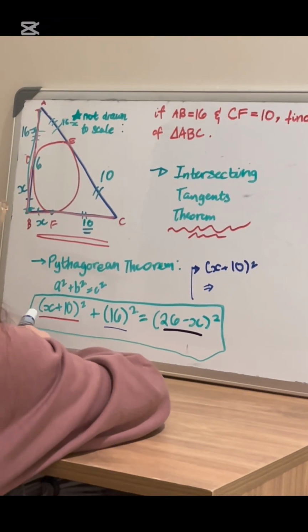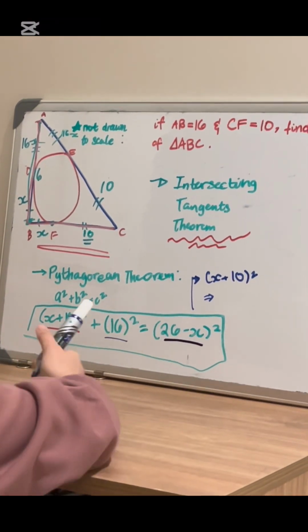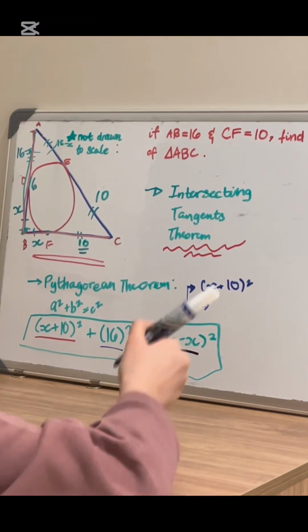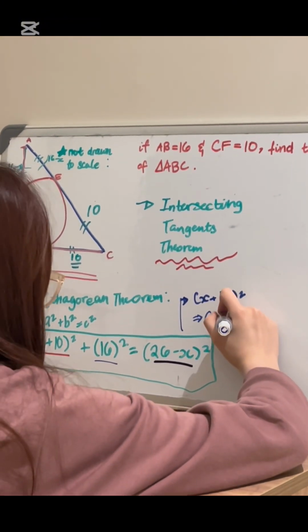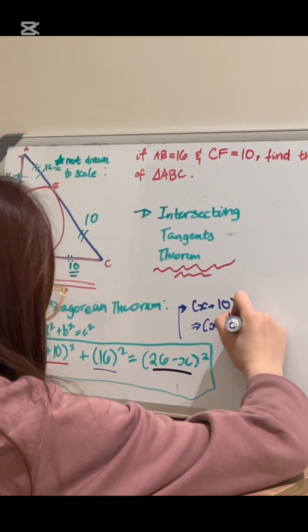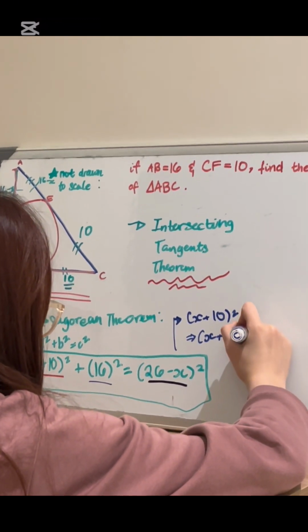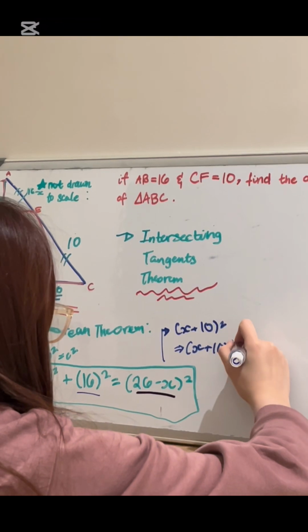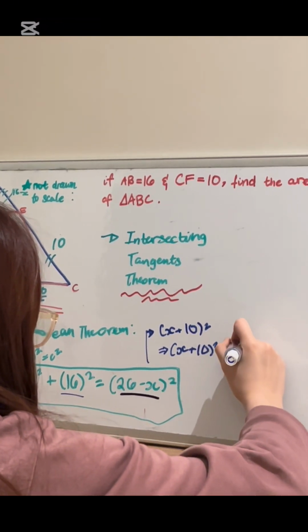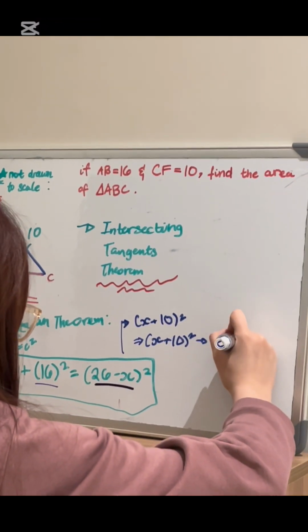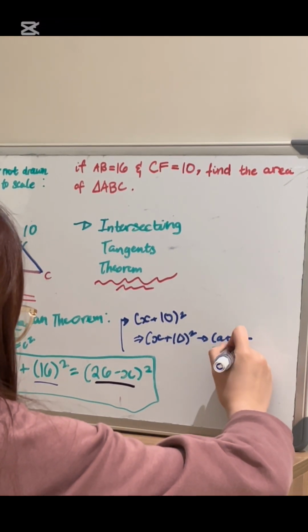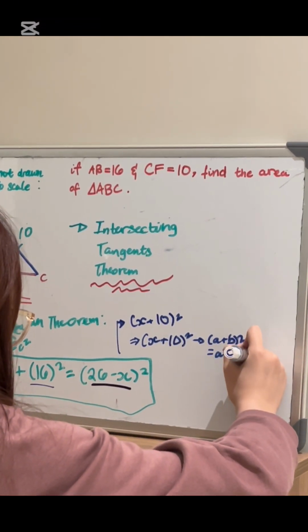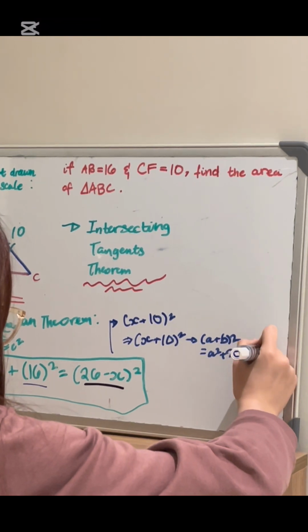To simplify this equation, we're going to start with x plus 10 squared. For this, we can use the FOIL method, or we can use this simple formula, which is a plus b squared is equal to a squared plus 2ab plus b squared.